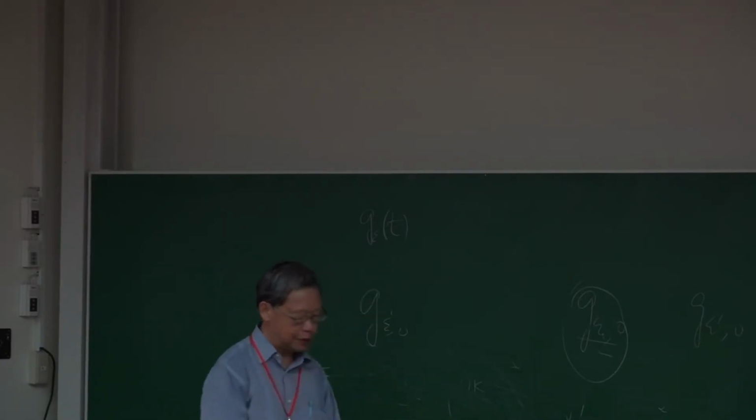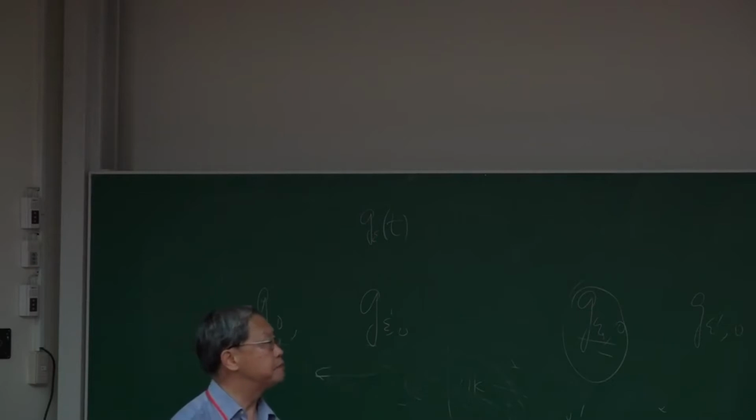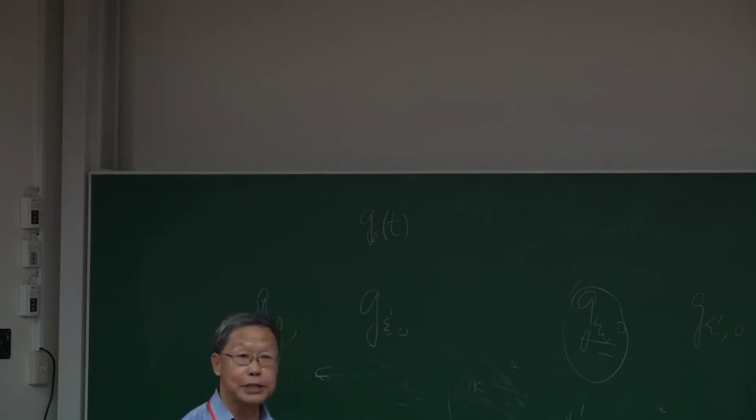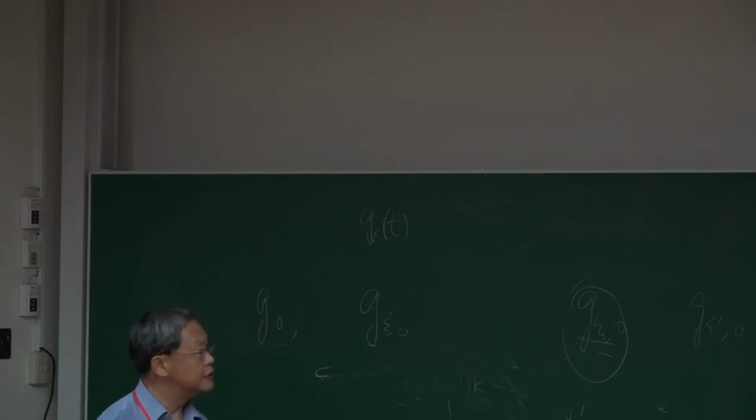For this g epsilon t, we have certain properties. The first property, as I mentioned, because we assume this holds in some sense, we have such a kind of second-order estimate. In particular, the curvature satisfies this kind of property.